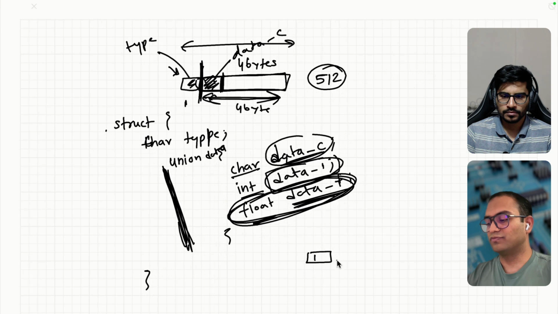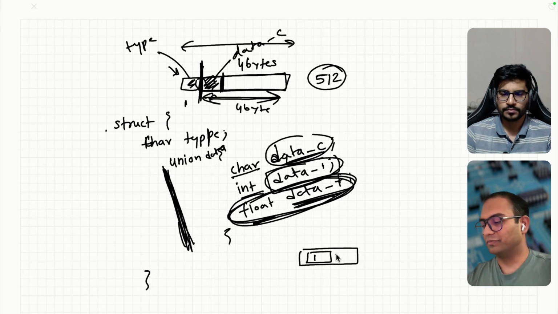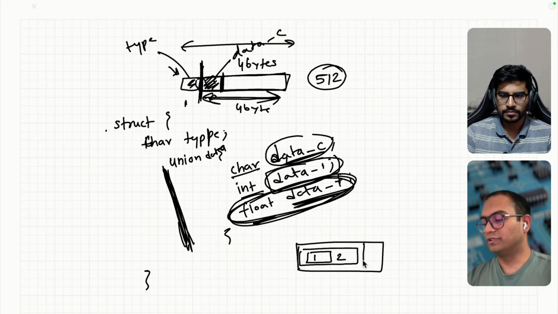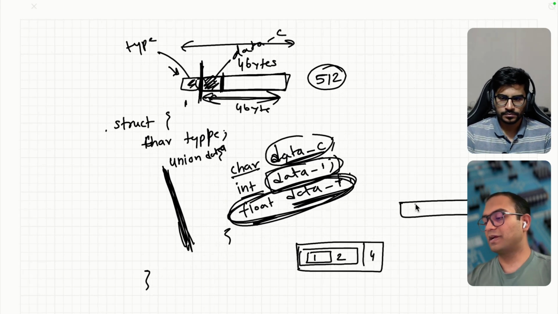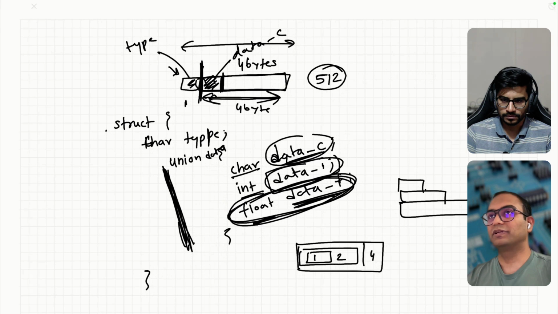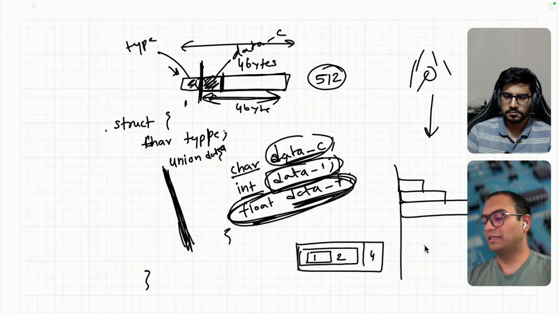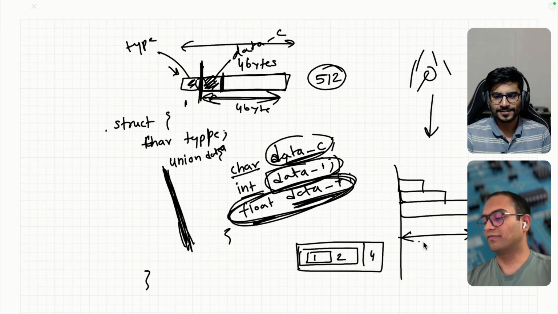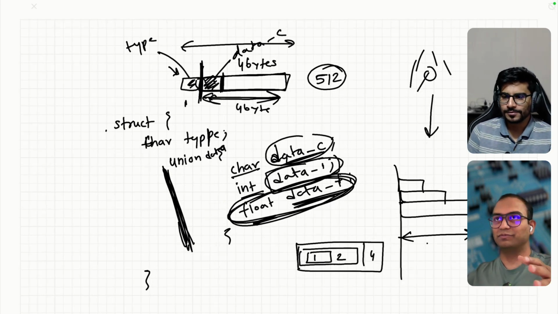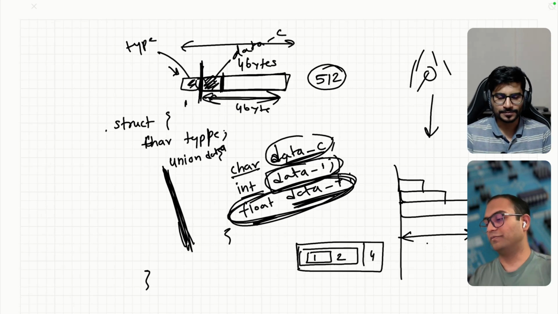And the way I like to think about it is like this. A character is 1, an int is, okay, let's say 2 bytes in this case, and then there is float, which is 4 bytes. What I tend to see them as is light being projected from the top, and the shadow it casts is of the maximum memory occupying element.